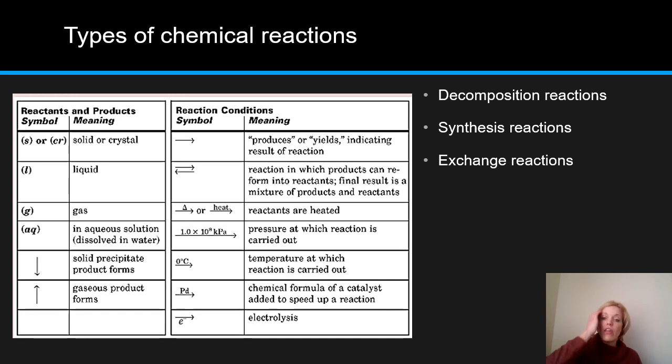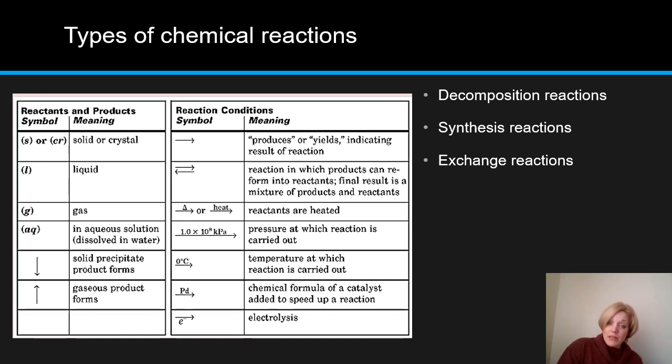Exchange reactions, there are two types. There's a single displacement reaction and a double displacement reaction. A single displacement reaction means that there is a swapping of cations and anions, which form a new compound, and then there is a byproduct like hydrogen or oxygen.